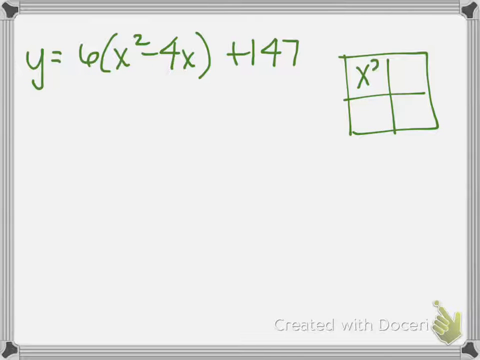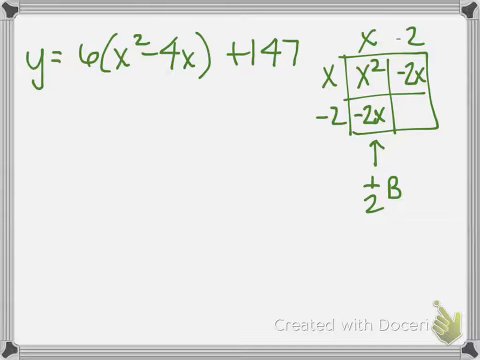We had x squared and we had x and x, and this is half of b, and b is negative 4, so this was negative 2x and negative 2x, so this was negative 2 and negative 2, and we decided that this needed to be a positive 4 because negative 2 times negative 2 is 4.